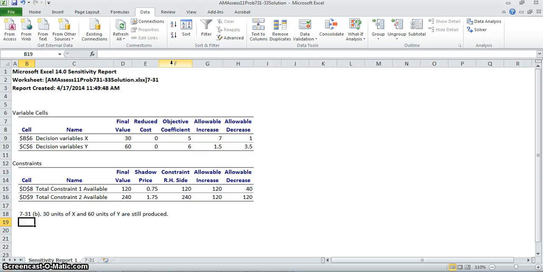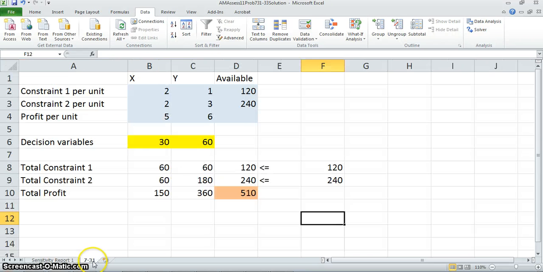What we do need to realize, however, is that while the final values for the decision variables might not be affected, the profit in the problem would be affected. Currently, the profit of the optimal solution is $510.